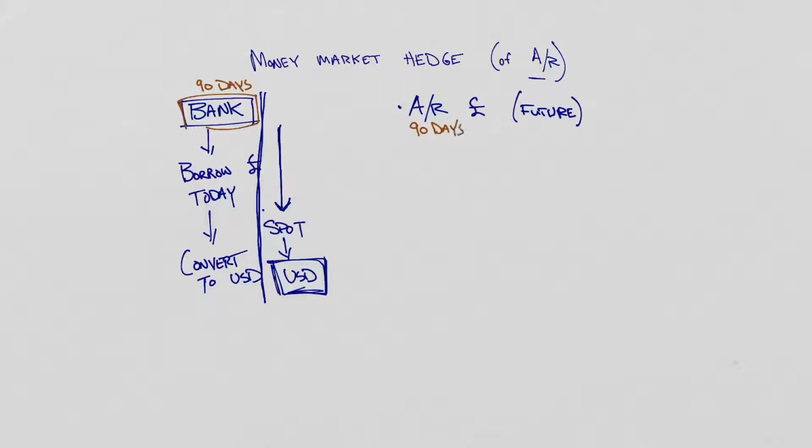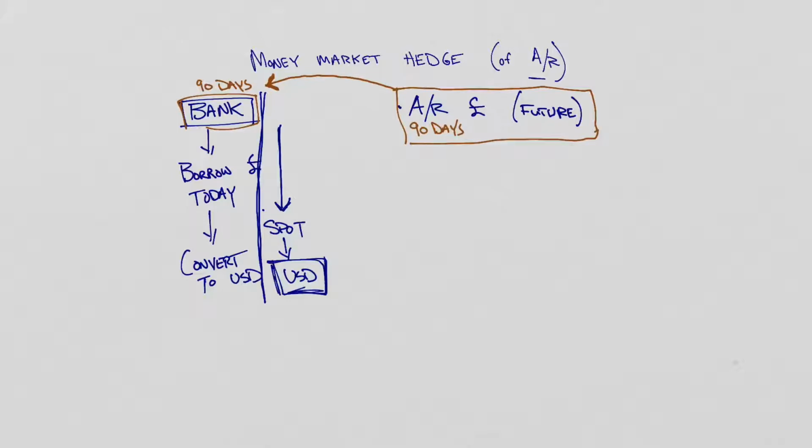And at the end of the 90 days, when the company pays us for the product we sold it, when it makes good on its accounts receivable, we take the proceeds from those, which are denominated in British pounds, and go and pay off our loan in London that was also denominated in pounds. And it all is a closed loop.